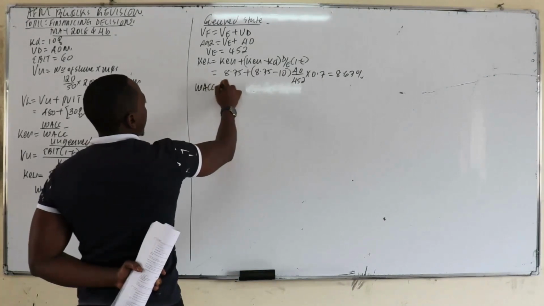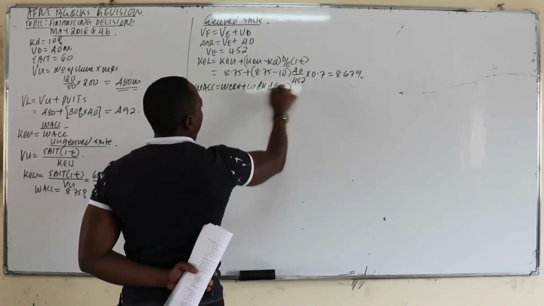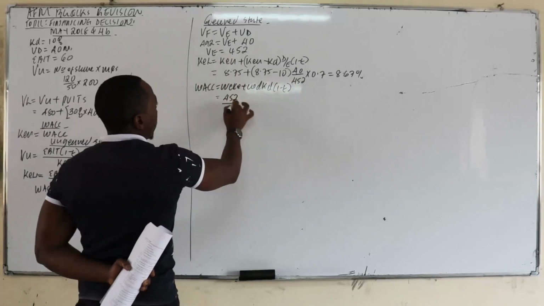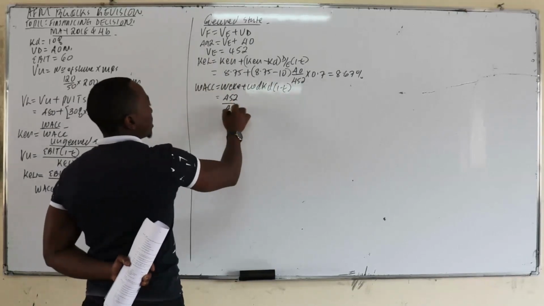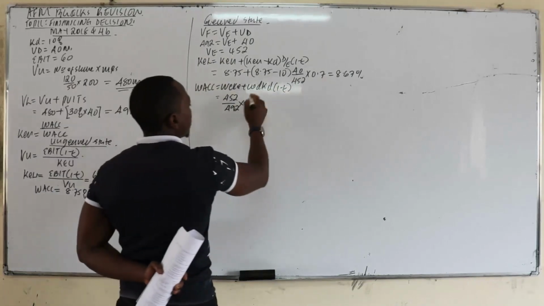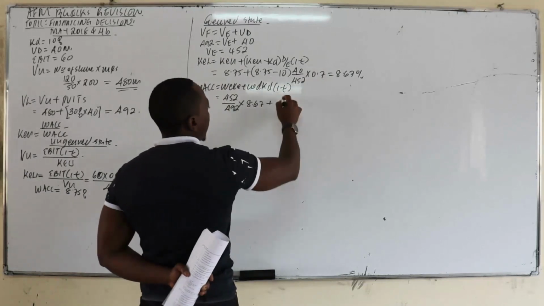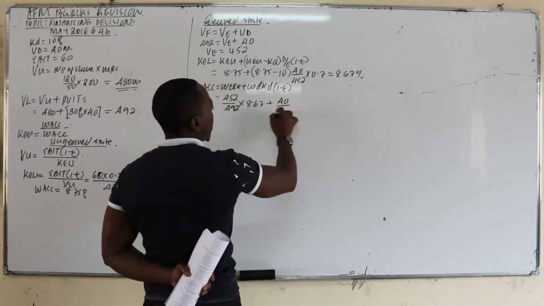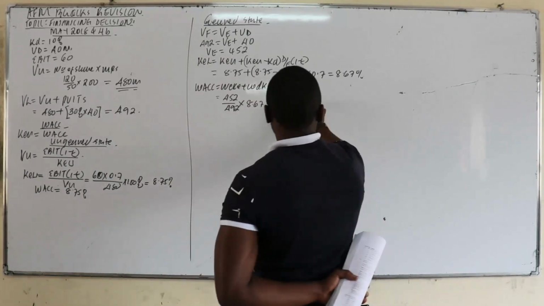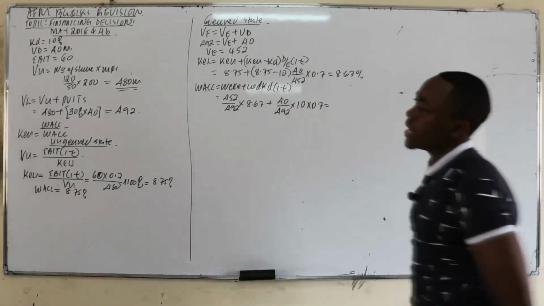The WACC is the weight of equity times the cost of equity, plus the weight of the debt times the cost of the debt times 1 minus T. The value of the equity you have is 452. You divide by the total value of the firm, which is 492. Then you multiply by the cost of equity of the geared firm, which is 8.67, plus the weight of the debt. The value of the debt is 40 over the value of the firm, which is 492. Then you multiply by the cost of the debt, which is 10, but now you multiply by what? 1 minus T. Yeah.